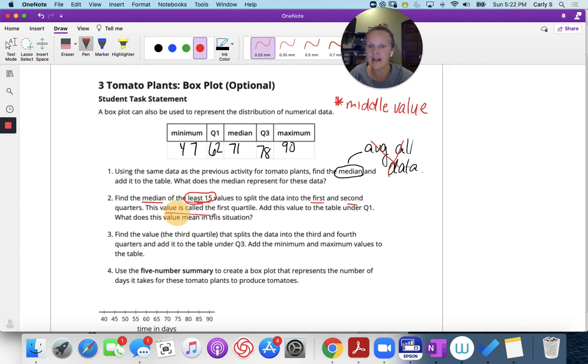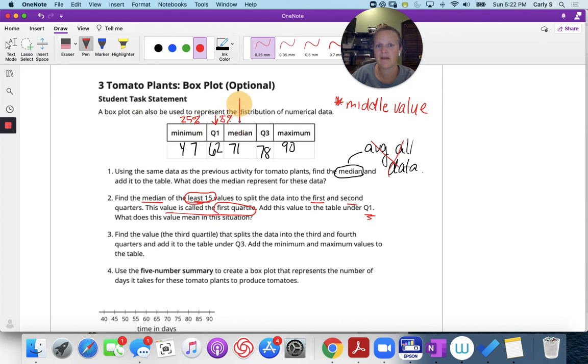This value is called the first quartile, and we call it Q1, quartile 1. So the value 62 splits it into the first 25% of the data and the second 25% of the data.